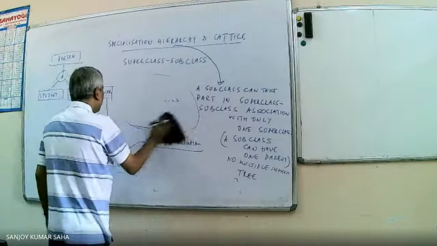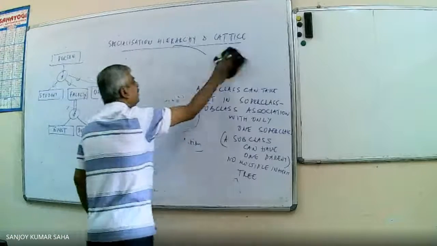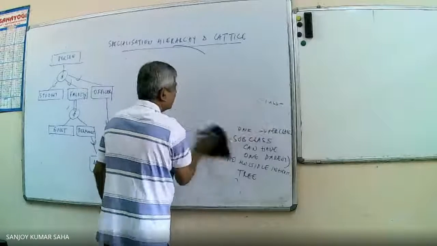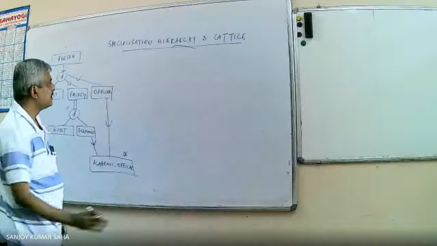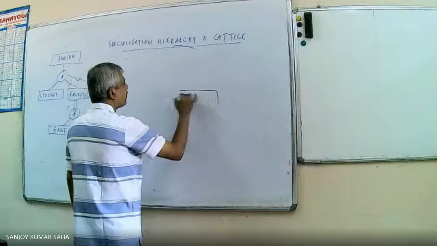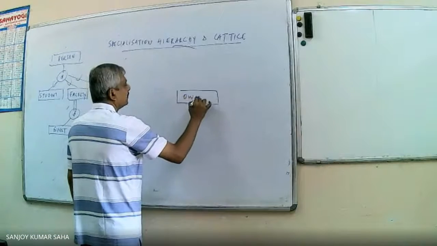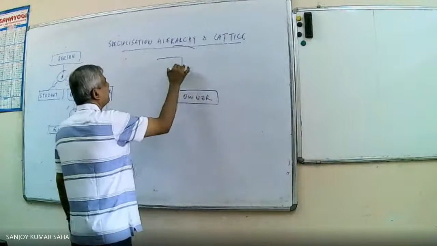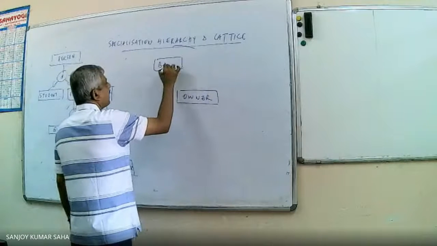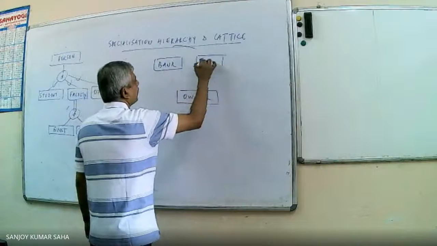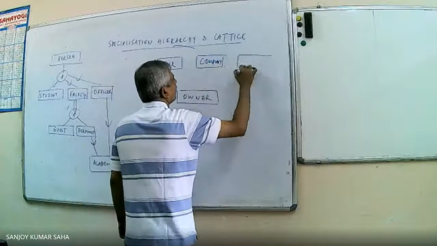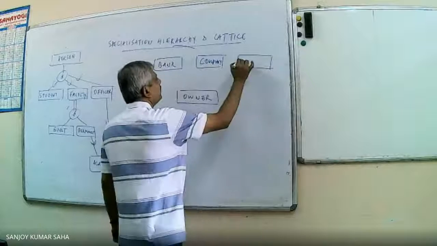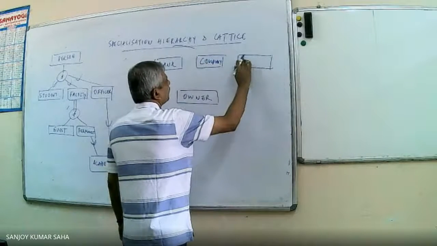Now, we can have a different kind of situation. Say, the owner of a property, that may be a bank, that may be a company, that may be some individual, say a person.